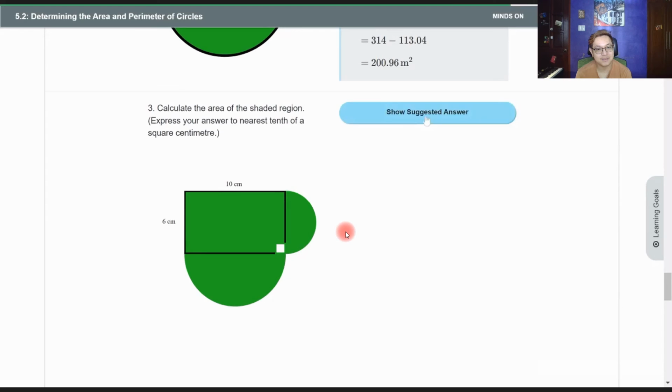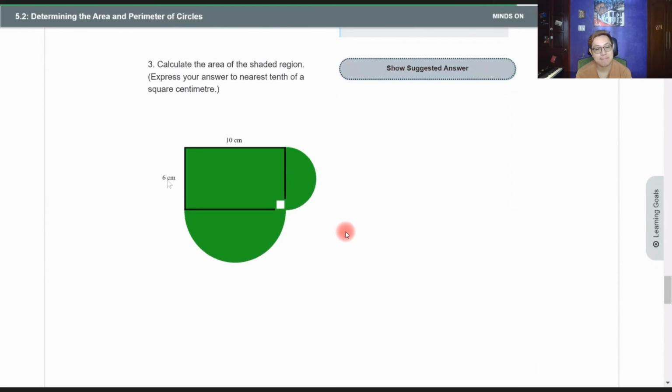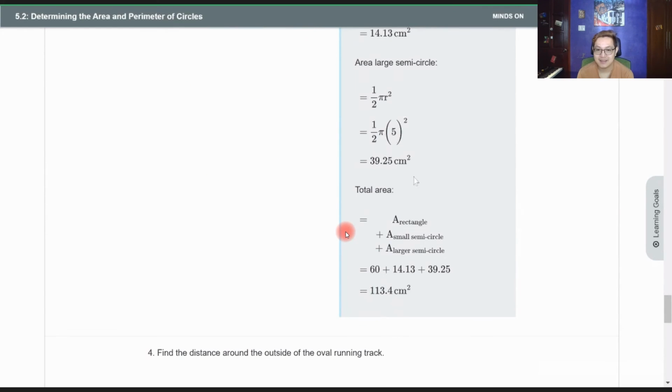Check your answer carefully again, please. So the answer for the whole area is 103.4 centimeters squared. Could be. Check it out. No, it's different. 113 point something too.